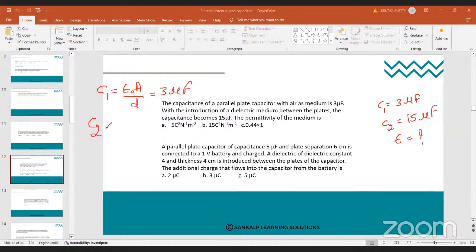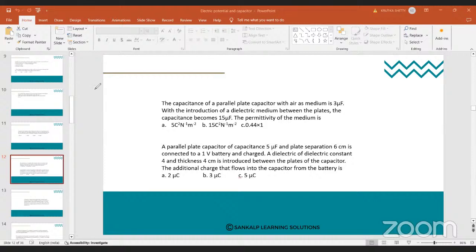C2 is when you are introducing a medium, so the formula becomes K into epsilon into A divided by D. So they are asking what is the value of this epsilon. And the hint they have given is that the value of C2 is 15 microfarad. How did you understand the question? So let us see how to do it now.